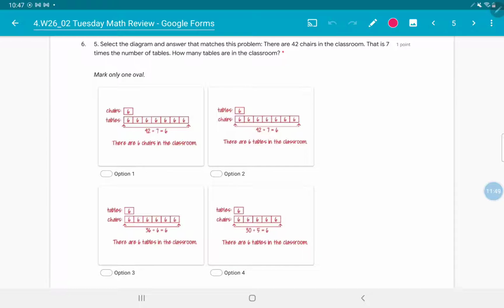So let's look at what we have. There are how many chairs? 42 chairs. Then it says there's 7 times. That is. What does that "is" mean? What math symbol could I replace "is" with, Amy?